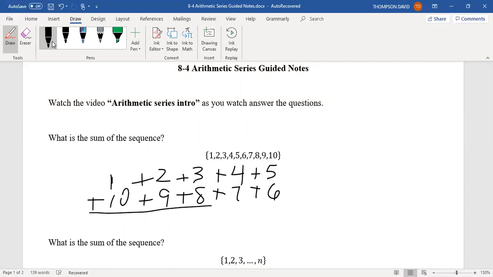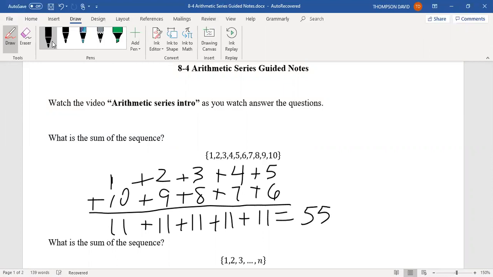If we add vertically, 1 plus 10 is 11, 2 plus 9 is 11, 3 plus 8 is also 11, 4 plus 7 is 11, and 5 plus 6 gives me 11. So altogether, the sum would be 55.